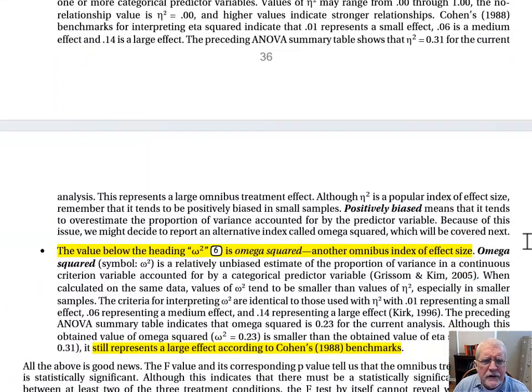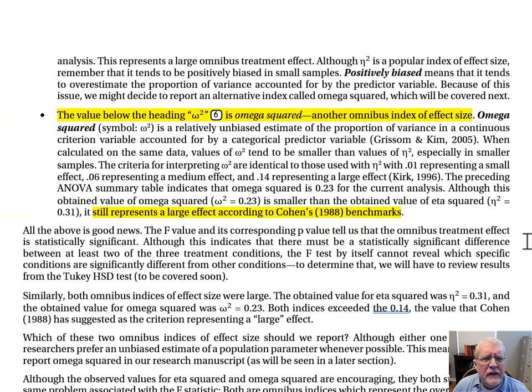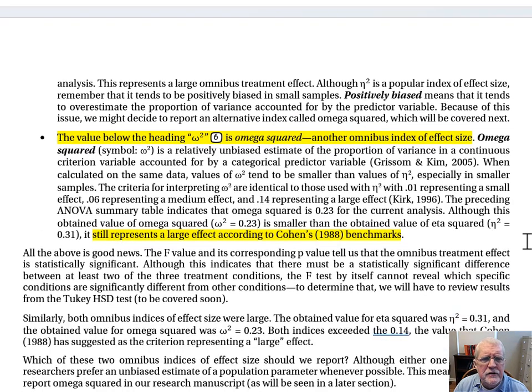Continue to page 37. The significance test is worth looking at, but also worth looking at is the index of effect size. Here at the top of page 37, the value below the heading omega squared, the Greek letter omega with a squared symbol above it, is an omnibus index of effect size.